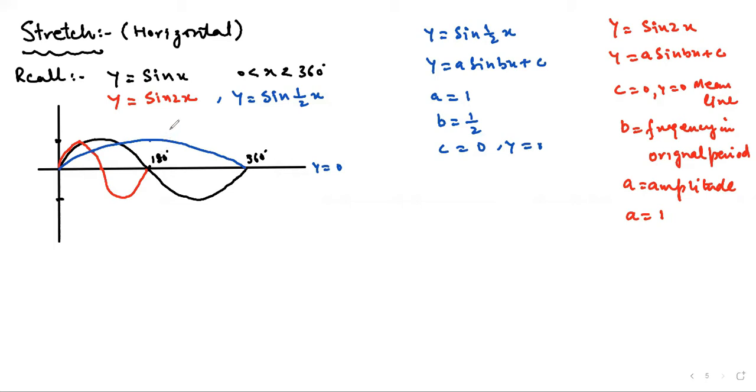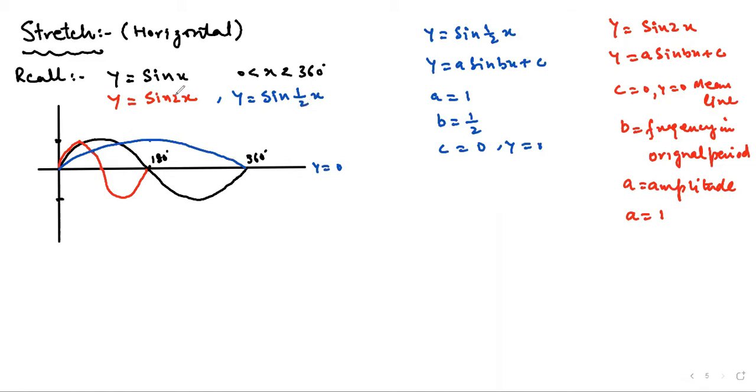Now, can you see that if we replace x with 2x, the graph will shrink. And if we replace x with half x, the graph will expand. The change of x is reverse in this case also.